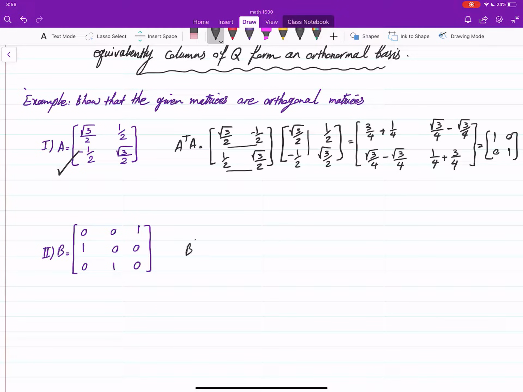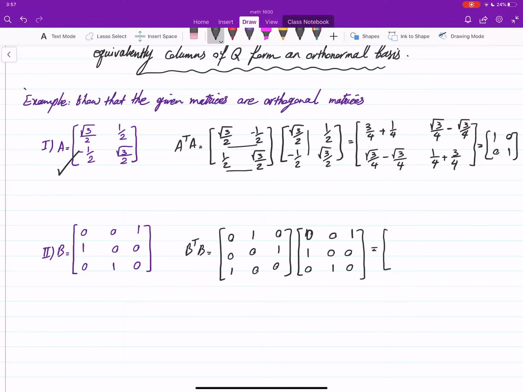How about this one, B transpose B? The transpose is 0, 0, 1, 1, 0, 0, and 0, 1, 0, times B itself, 0, 0, 1, and 1, 0, 0, and 0, 1, 0.